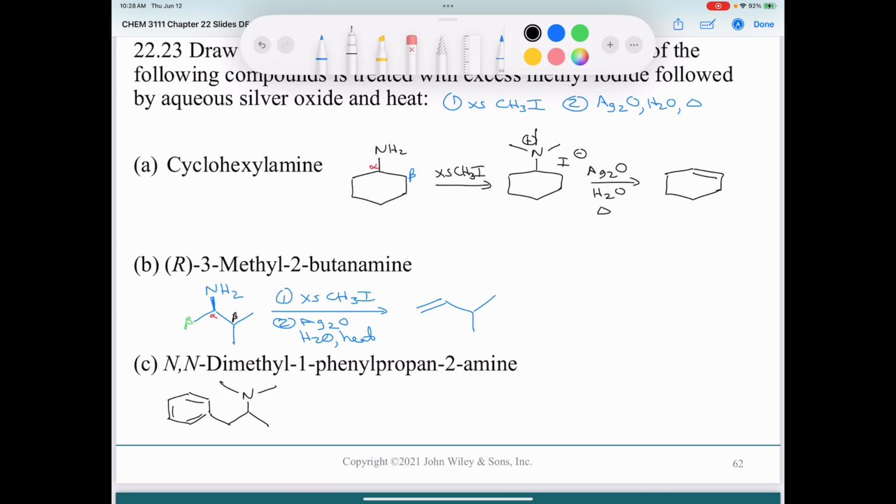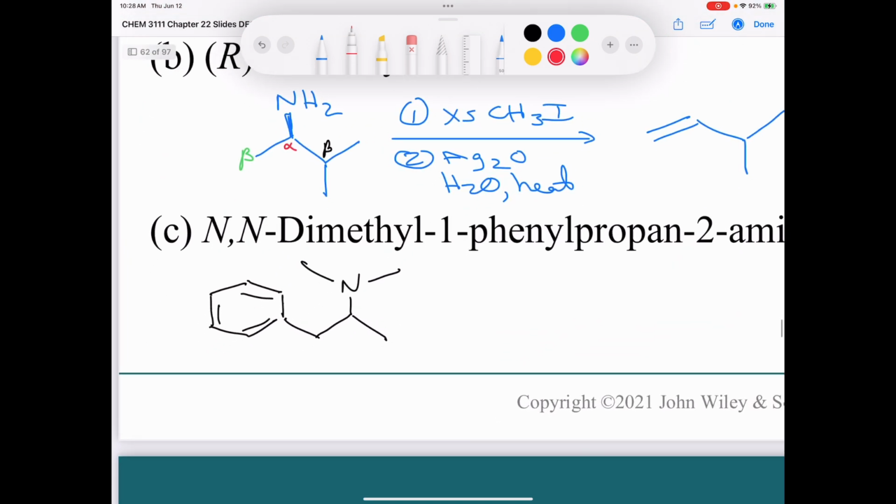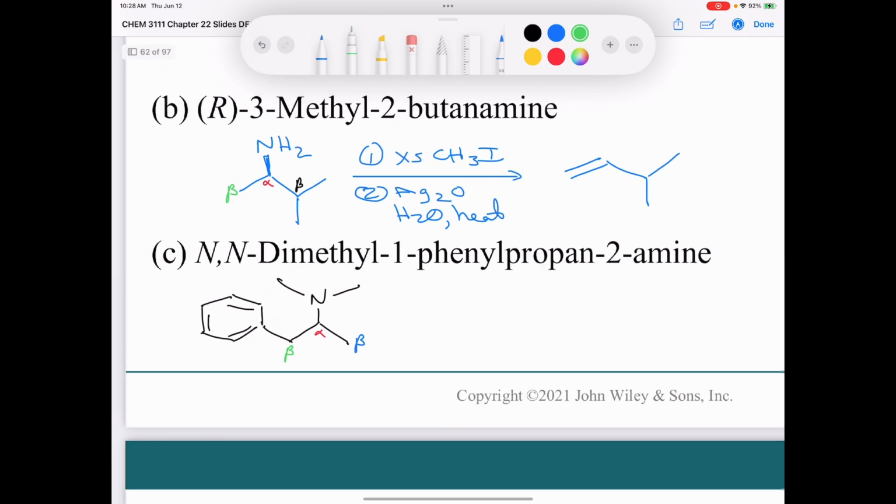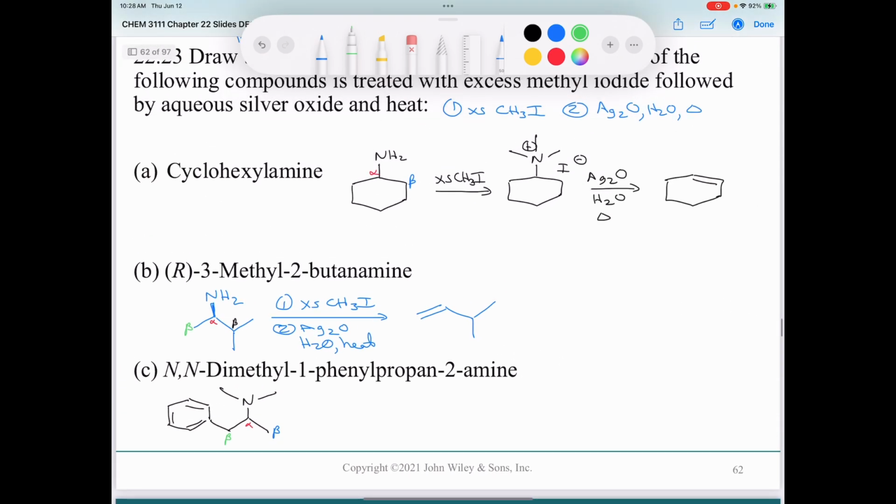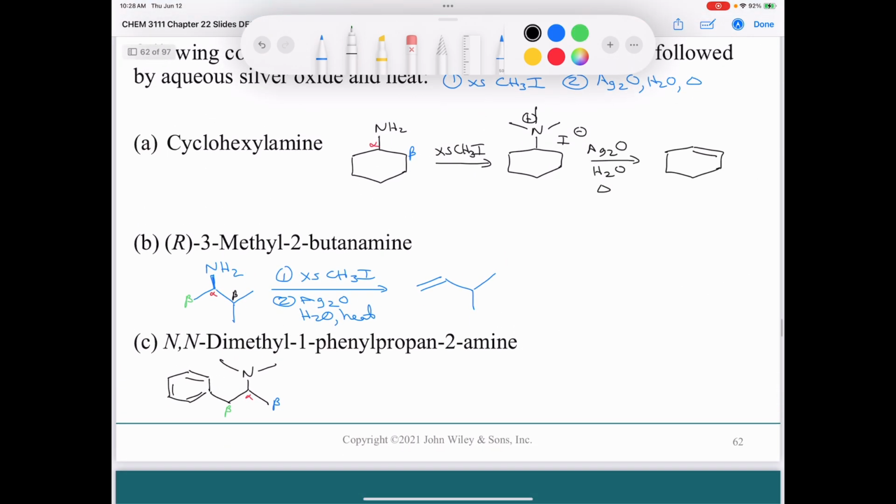Again, if we zoom in, here's our alpha carbon. This is a beta carbon, and this is a beta carbon, but the beta carbon in blue is going to produce the Hofmann alkene. So let's write out our conditions. Number 1, excess methyl iodide, right? If you repeat this enough times, you're going to remember these conditions.